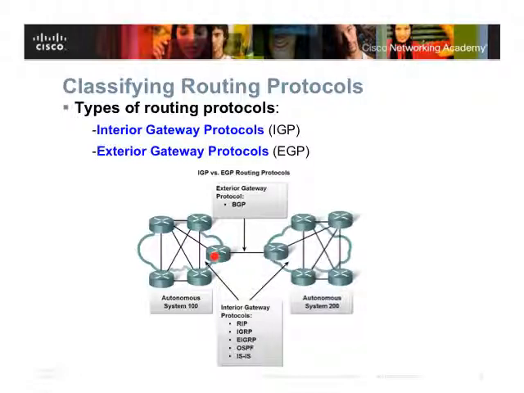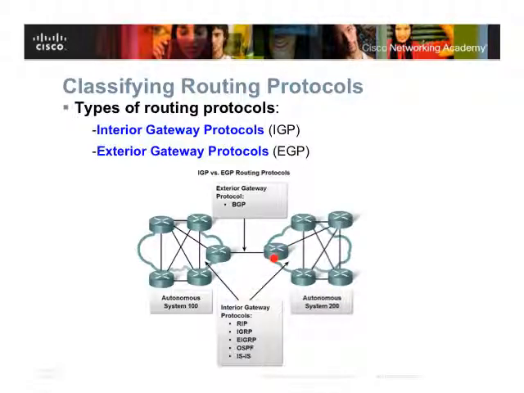Once it reaches that edge router, this edge router knows that this message should go to this autonomous system. Again, it doesn't know anything about this router, but it knows somehow that this message should go to this autonomous system. Based on that, it sends it to this edge router.